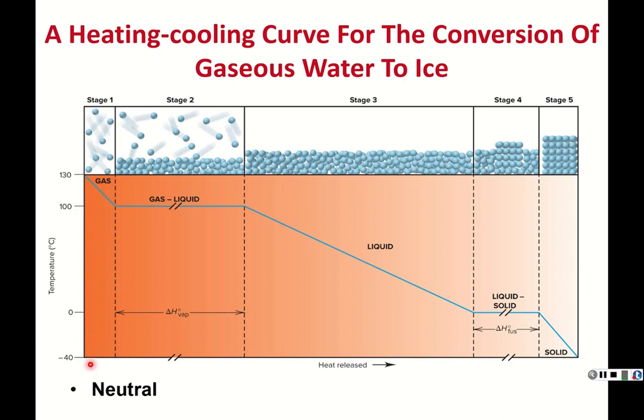So the amount of heat released is going up along this axis. You're releasing heat, the temperature's dropping within that phase. You now reach the temperature at which gaseous water turns to liquid water. So you get the phase change there.